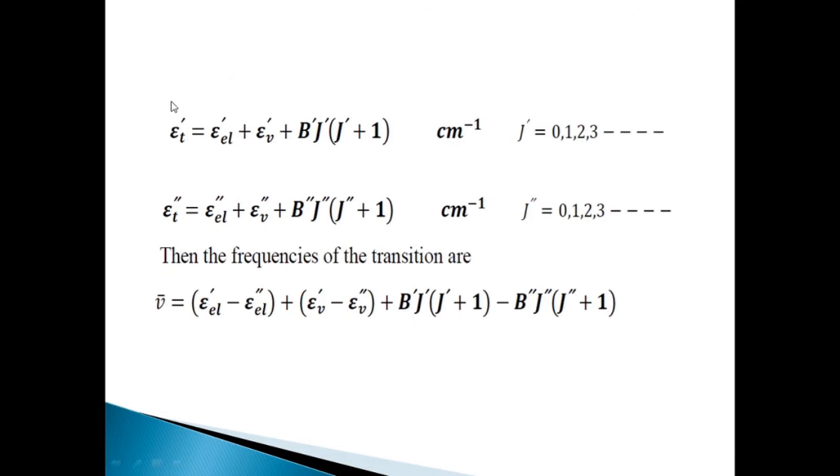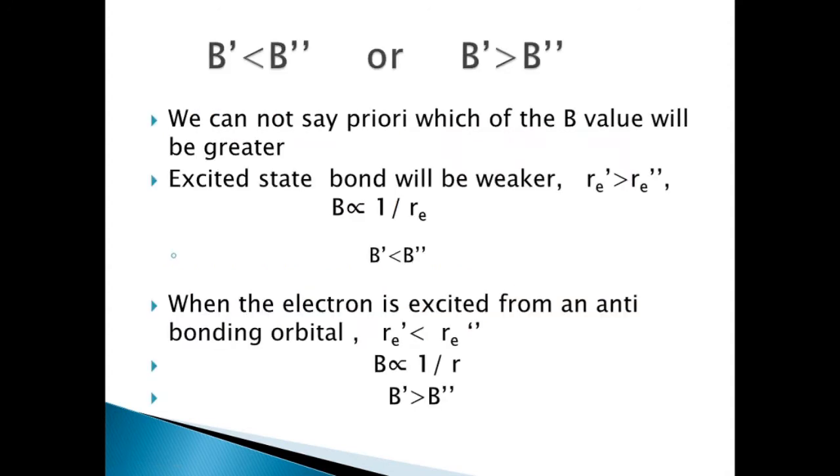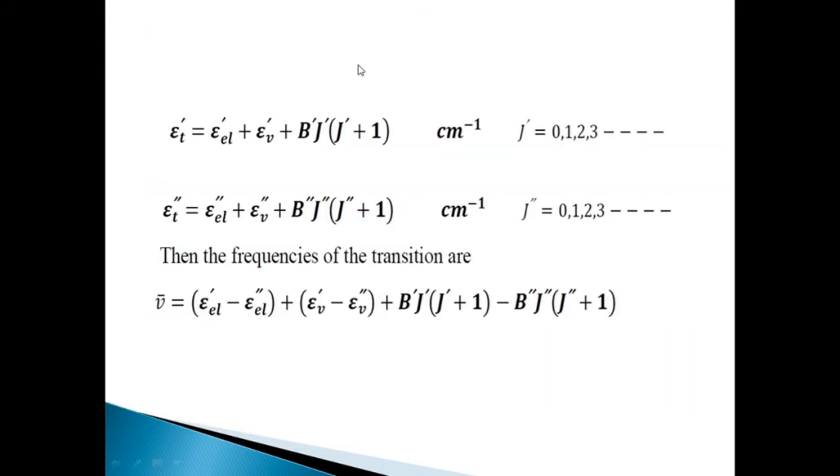If this is the total energy of the molecule in the excited state, according to the Born-Oppenheimer approximation, the total energy is equal to the sum of the electronic energy plus vibrational energy and rotational energy. If this is the total energy of the molecule in the ground state, that is equal to the sum of the electronic energy and vibrational energy and rotational energy.